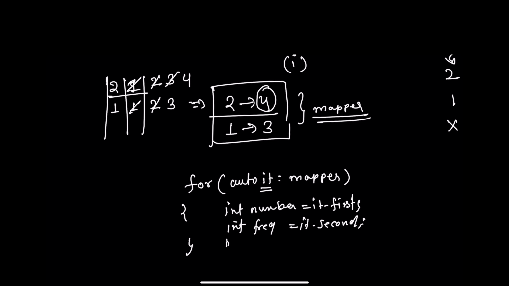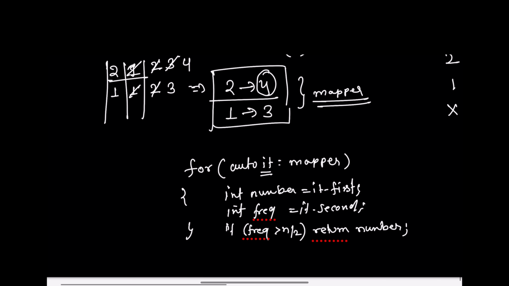Now we will check if frequency is greater than n by 2, then we will return the number here, else we will continue. And as the question mentioned, we always have a majority element, so every time you will find an element whose frequency is greater than n by 2.